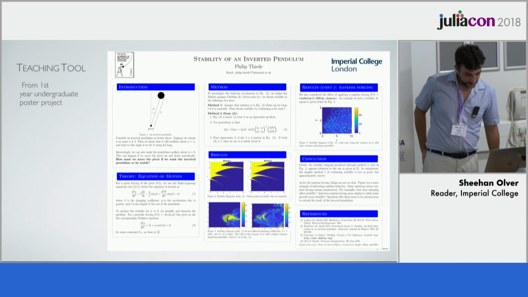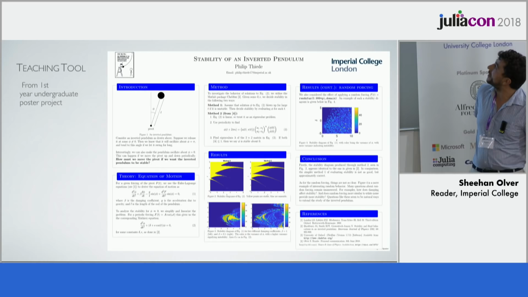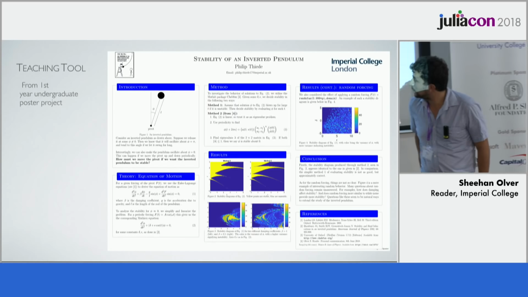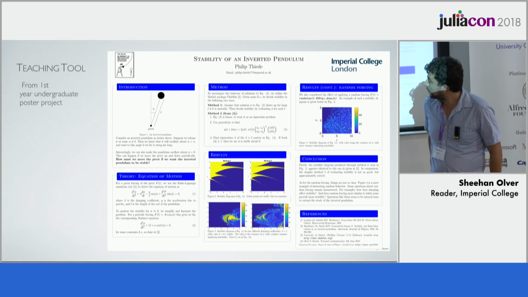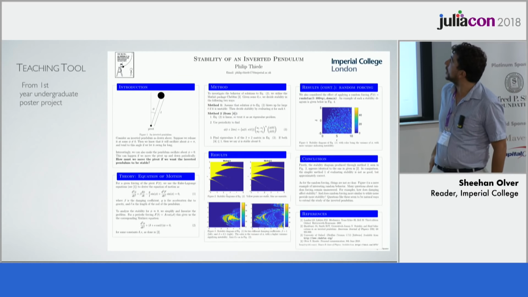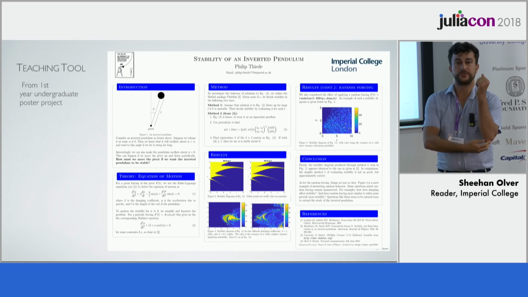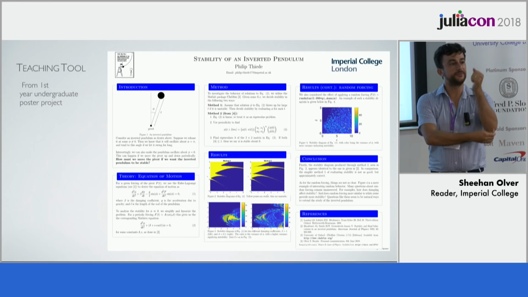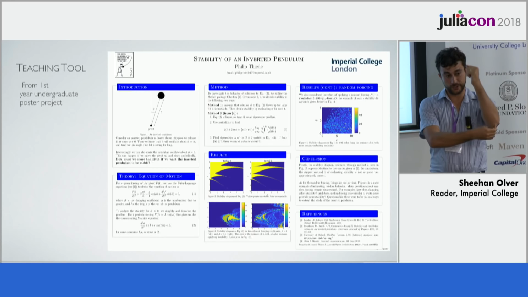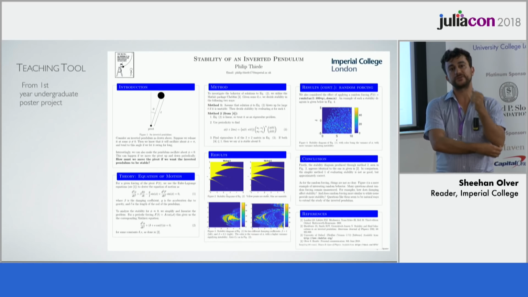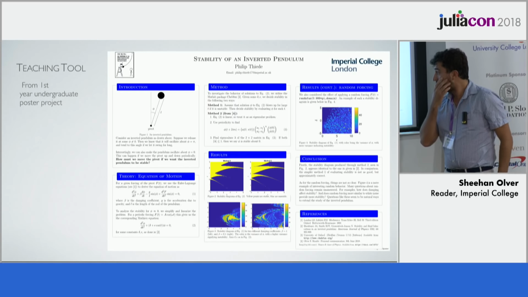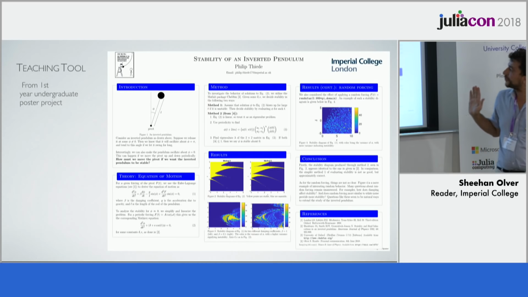All right. Here's another one, a bit more on the mathematical end, where a student could use numerics to understand the inverted pendulum. This is something where if you take a pendulum and oscillate it up and down, it stabilizes it, which requires some understanding of stability of differential equations, much beyond first-year mathematics.